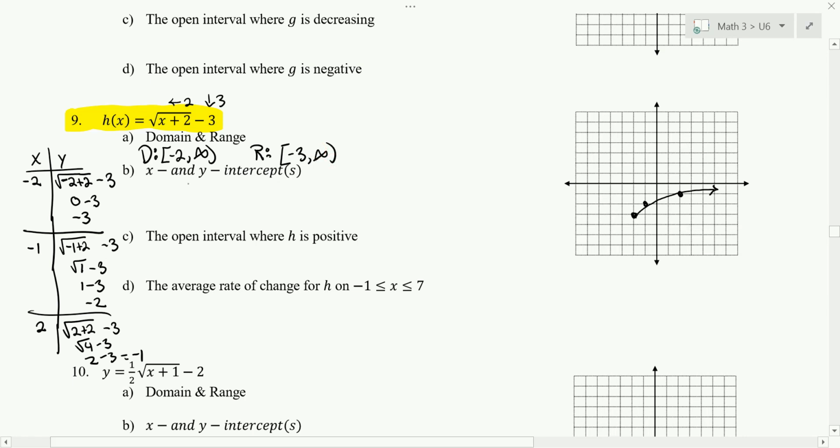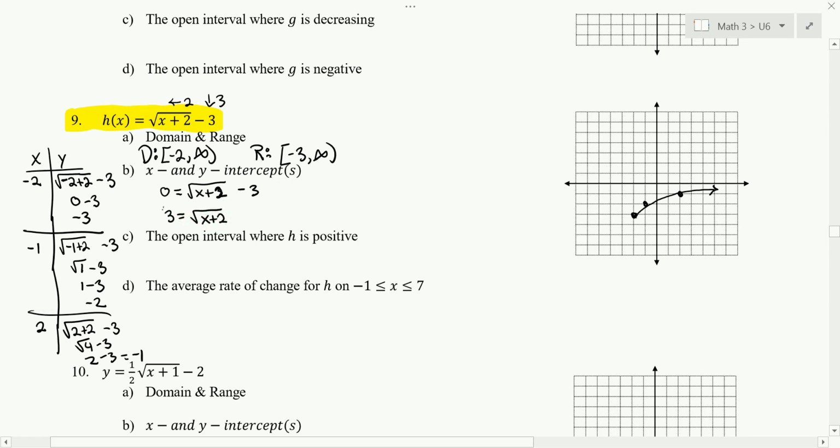X and y intercepts. If we plug in 0 for y, we get our x-intercept. So 0 is the square root of x plus 2, minus 3. And we want to get our square root by itself, so I add 3 to both sides, and I get 3 is equal to the square root of x plus 2.